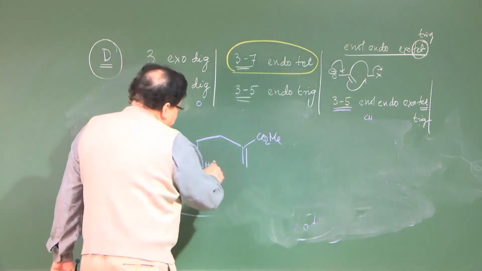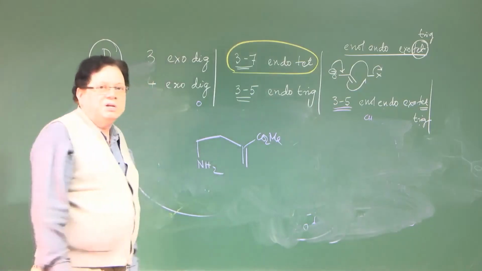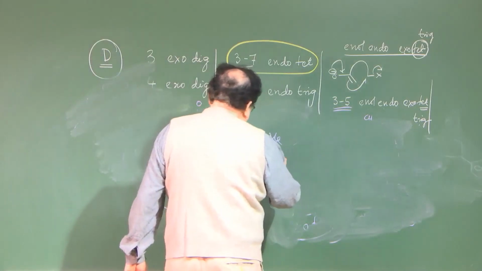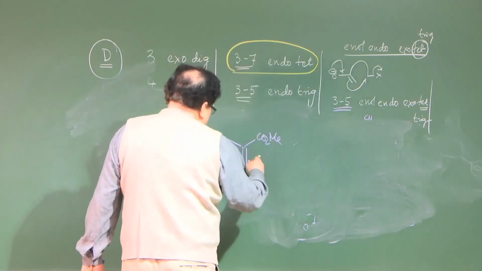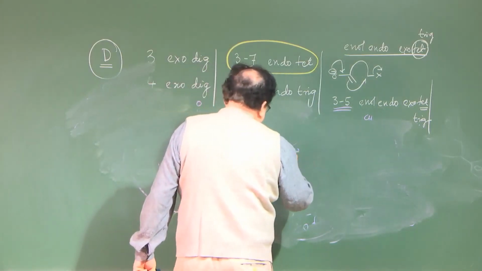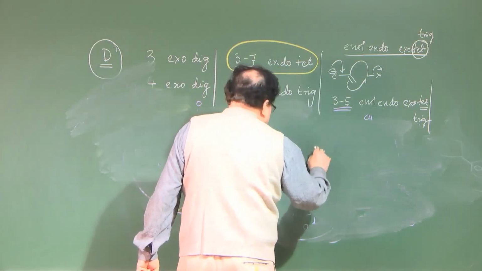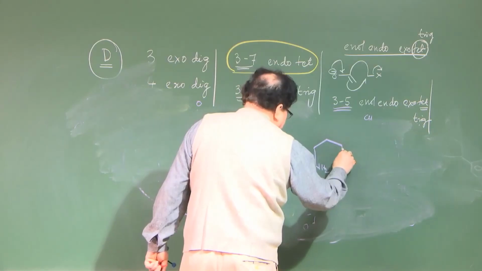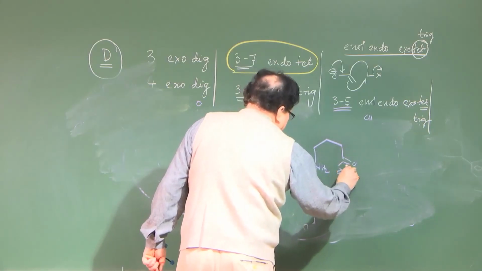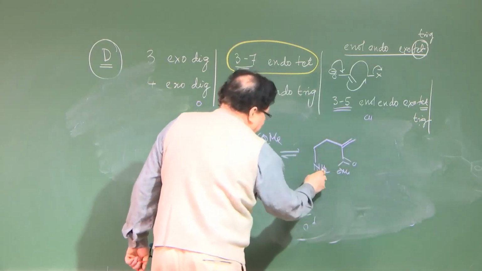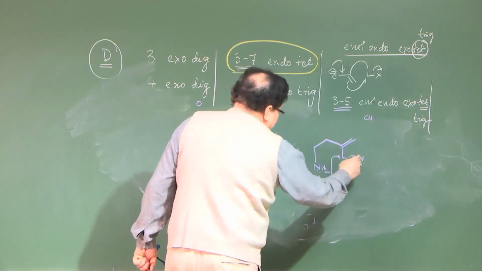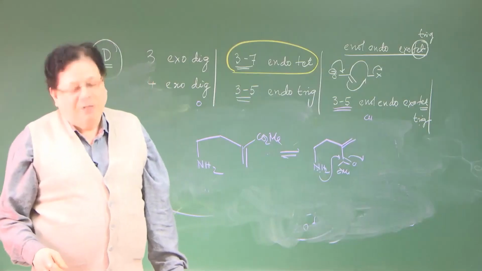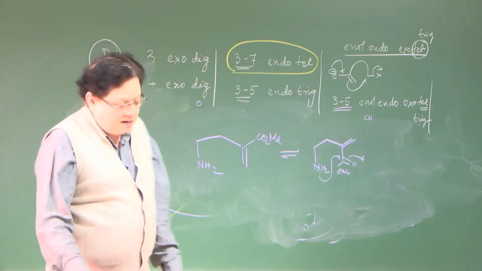So, here also this 5 endo trig cyclization does not take place. So, what happens here is that this takes the other conformation, NH2, OMe, and then the double bond here. So, now the nitrogen attacks here in a 5-exo trig process, okay. That is an allowed reaction.